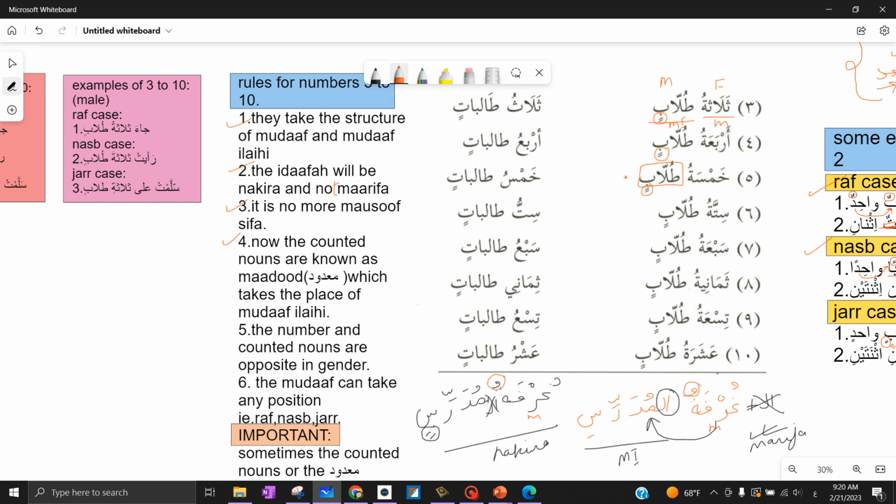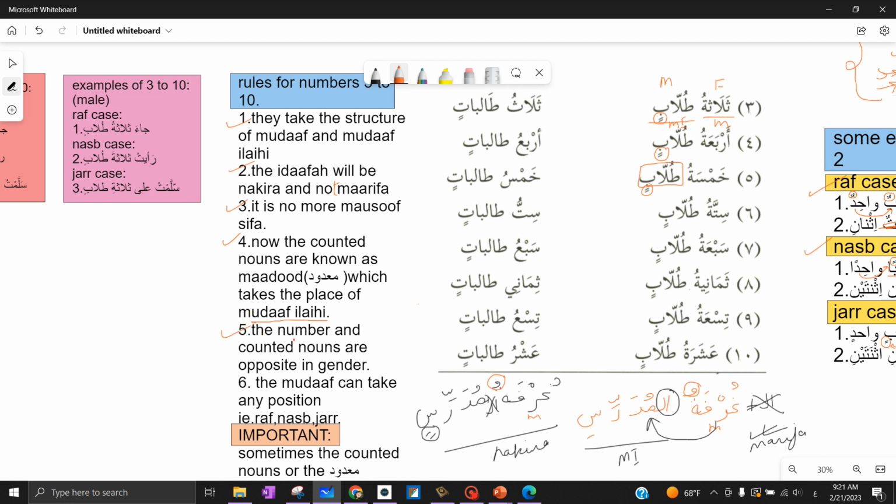Ma'dood is the thing which is counted, coming from adad. The root word is from adada, means the thing which is counted. So now we don't say it as sifa but as ma'dood, the counted things, which takes the place of mudaf ilayhi. Just now we discussed it.